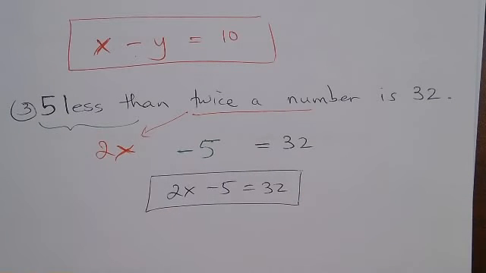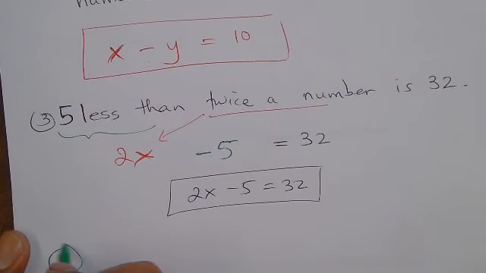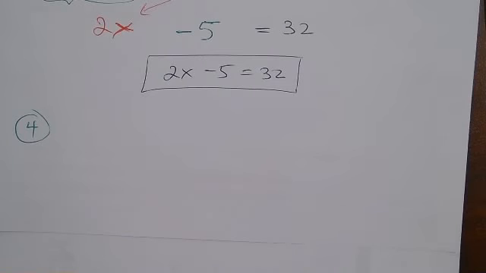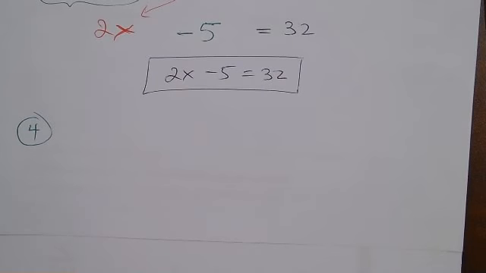Last one, number 4. This one's going to be a little bit different. I'm going to put an equation, and I'm going to ask you something and see if you figure it out. Ready? How does this go?